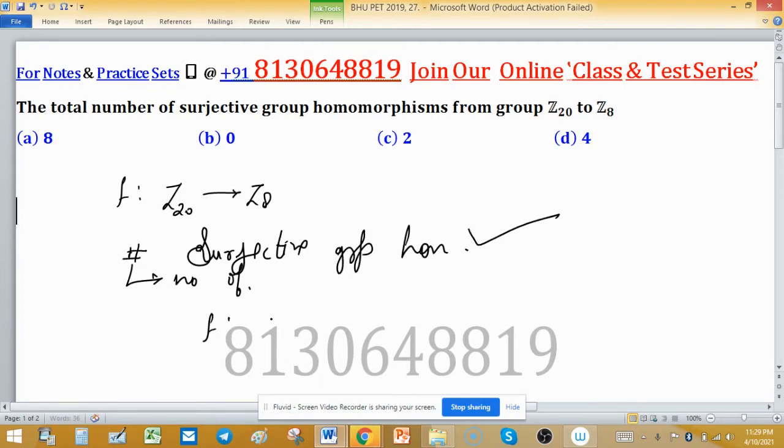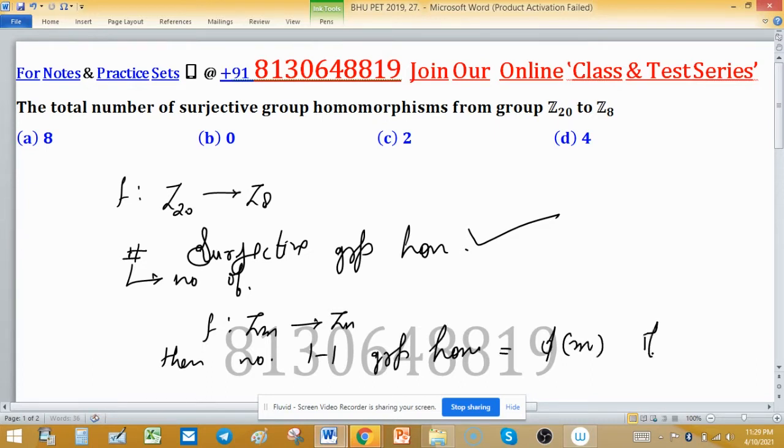If f is a group homomorphism from Zm to Zn, then the number of one-one group homomorphisms is given by the Euler totient function phi(m) if m divides n, and the number of onto group homomorphisms is given by phi(n) if n divides m.